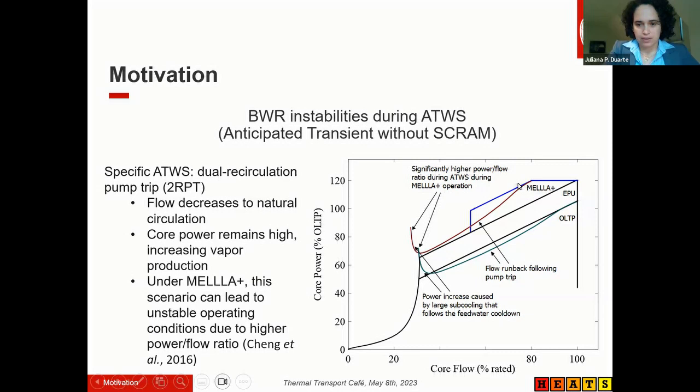And you see here in this curve, we could have then an increase of the power at lower mass flow rate, which is a condition for this density wave instability that could then lead to a more severe accident scenario with damage of the rods. So we are interested in understanding this phenomenon better and also understanding our ability to simulate it and predict it properly using the NRC codes.